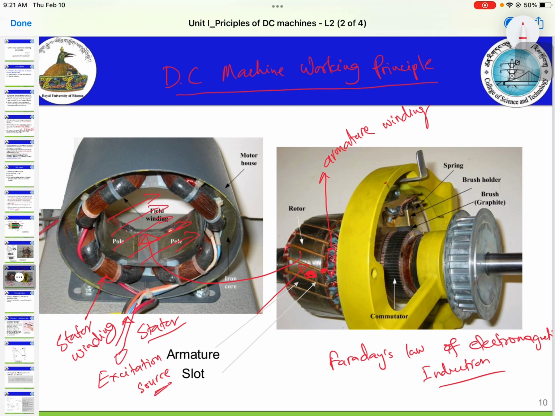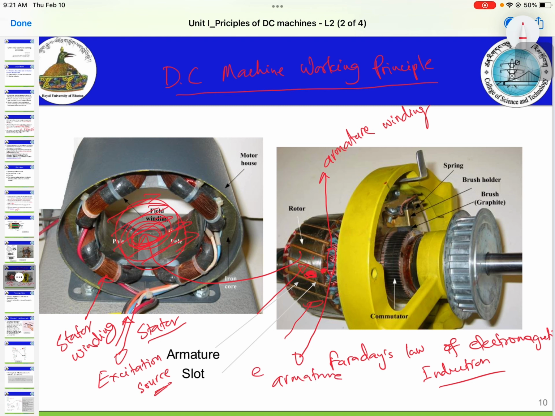which means the conductors, the armature windings, are also moving along with the rotor, it will move something like that. During that time the magnetic flux is being cut by the armature winding. So in that case the EMF is induced in the windings at the armature side.